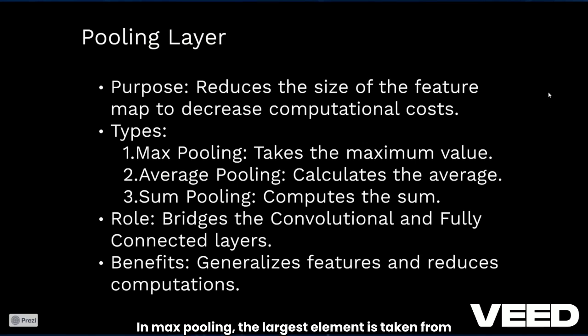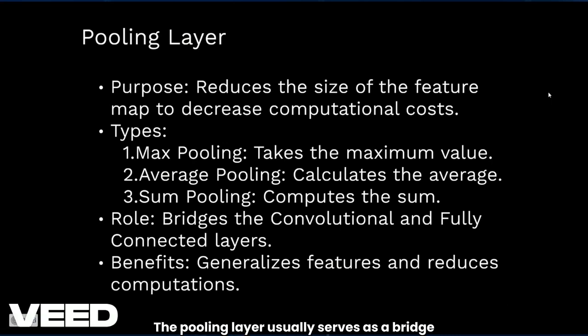In max pooling, the largest element is taken from the feature map. Average pooling calculates the average of the elements in a predefined sized image section. The total sum of the elements in the predefined section is computed in sum pooling.